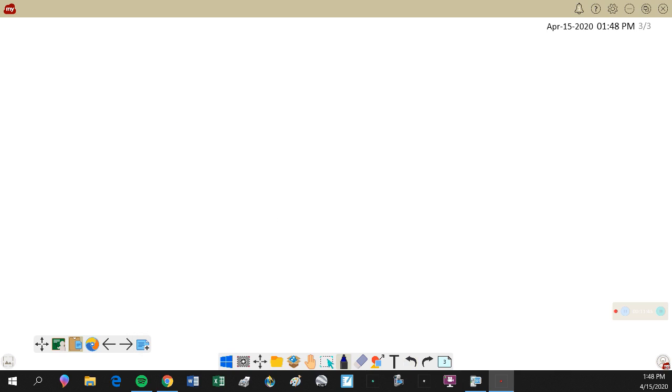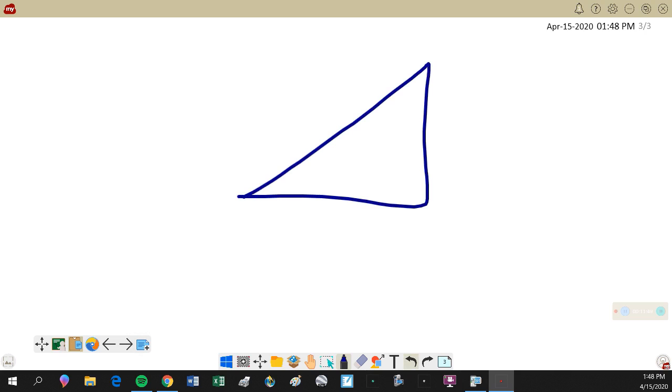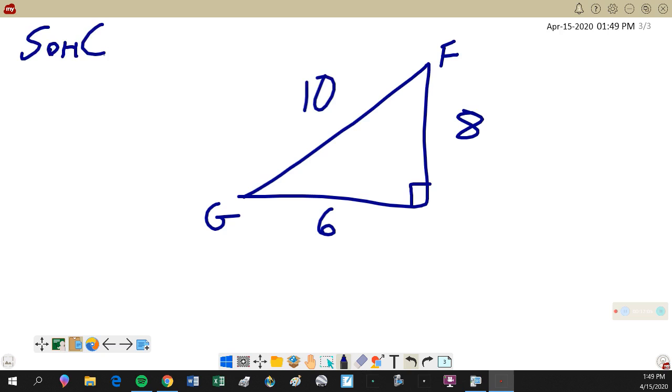Okay, let's do a different triangle. Let's do G and F. Here's the right angle, 6, 8, 10. And our mnemonic is SOHCAHTOA.